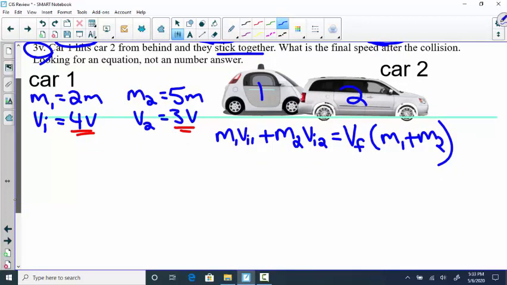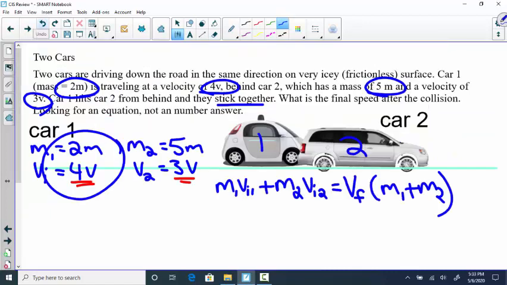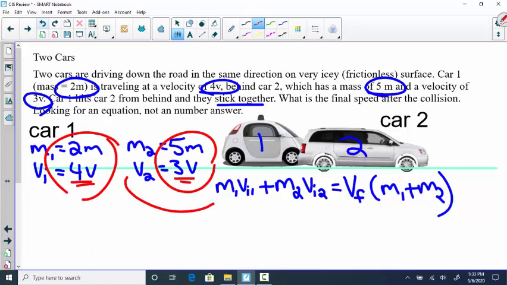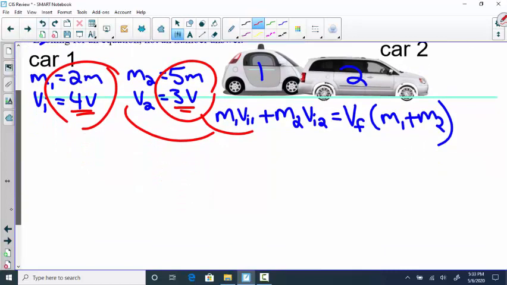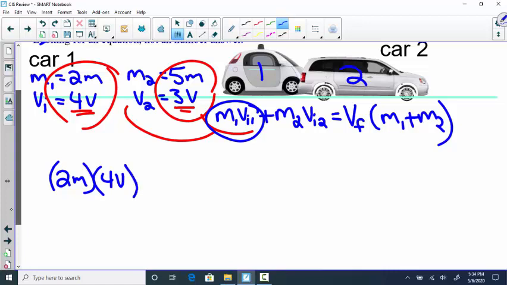Now it's just a matter of algebra, ladies and gentlemen. Substitute these values and these values into the equation. Okay? So, this term right here, m1 v1, m1 is 2m. v1 initial is 4v, okay?